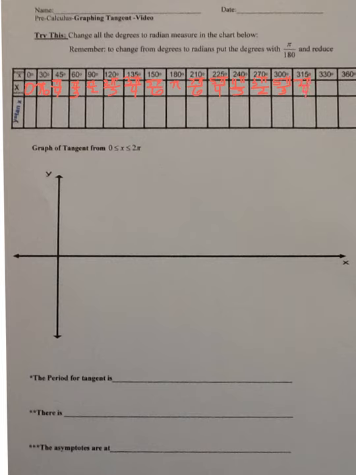And 330 degrees is 11 pi over 6. And obviously 360 would be 2 pi.